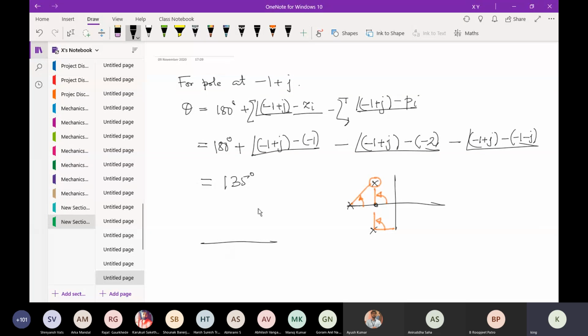So far as the figure is concerned, now we already had the centroid out here.